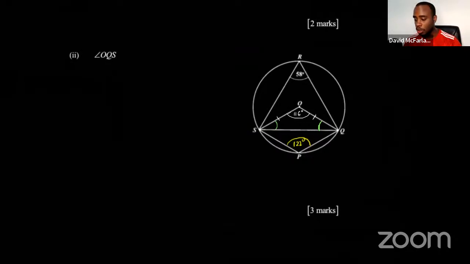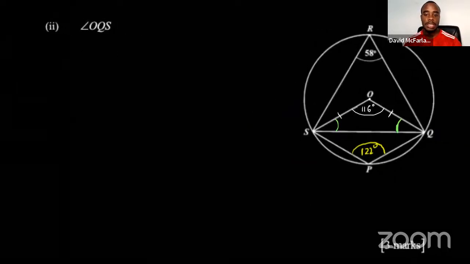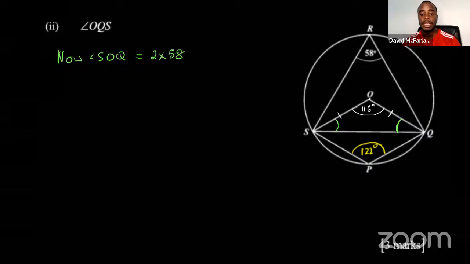So we are now armed with lots of info to help us, because we can say that... which one was 116 again? Angle SOQ is equal to 2 times 58, which is 116 degrees.